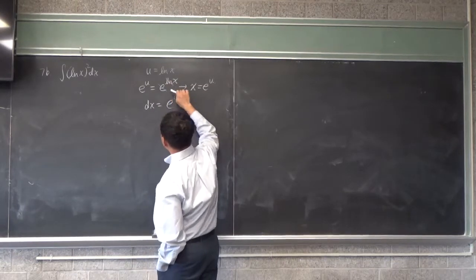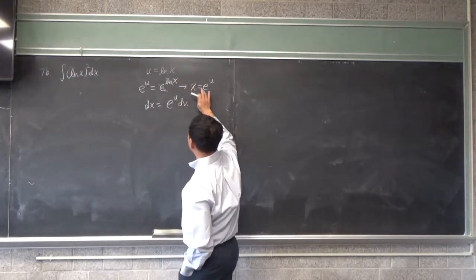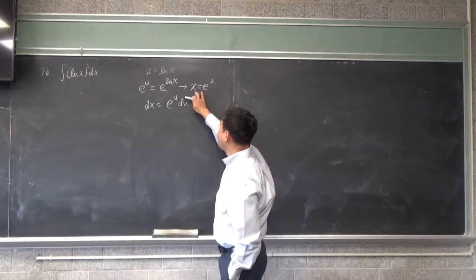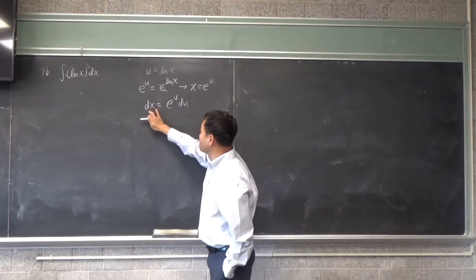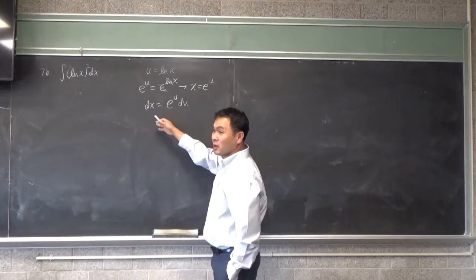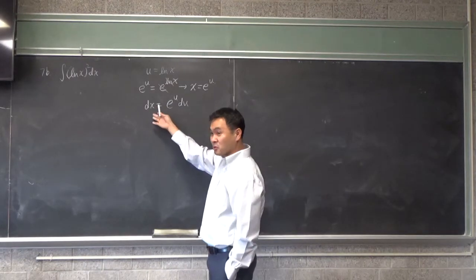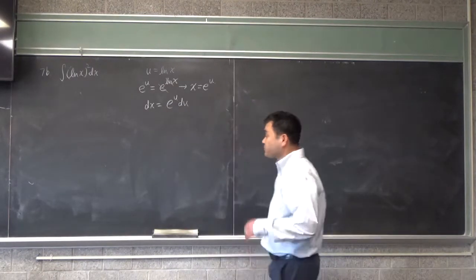If you know that e and ln cancel, you get x equals e to the u. And this is easier to differentiate. dx is just simply e to the u du, and you don't have to solve for dx, it's already solved for dx, so it's a lot better.